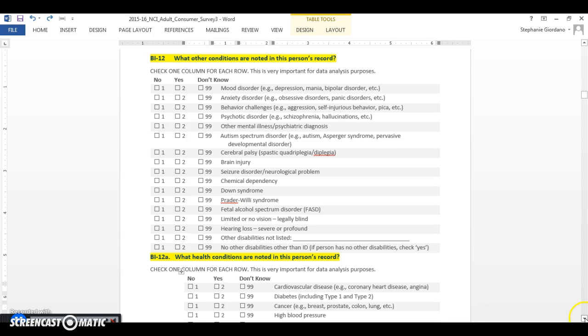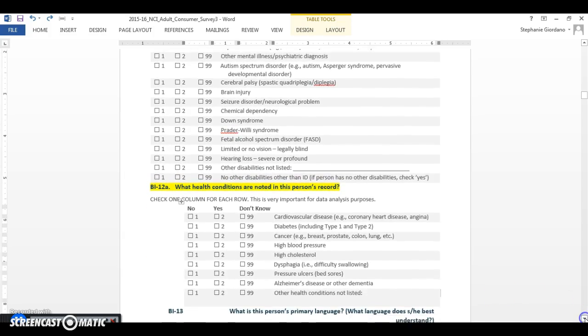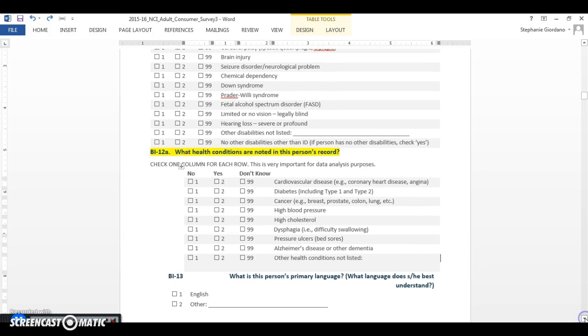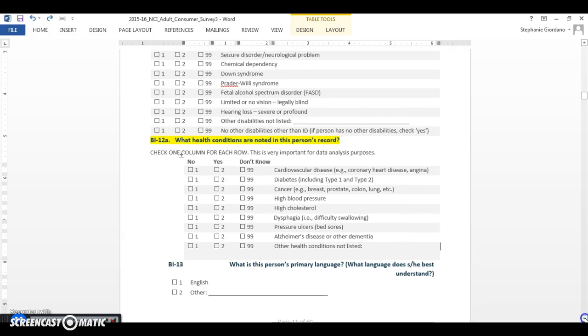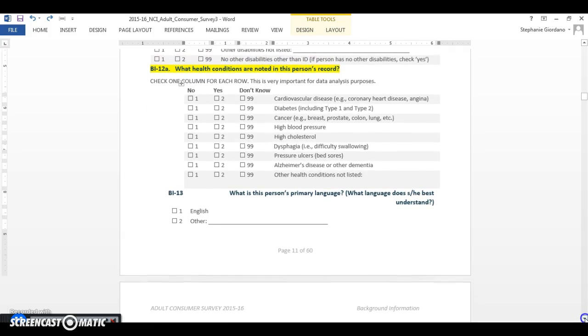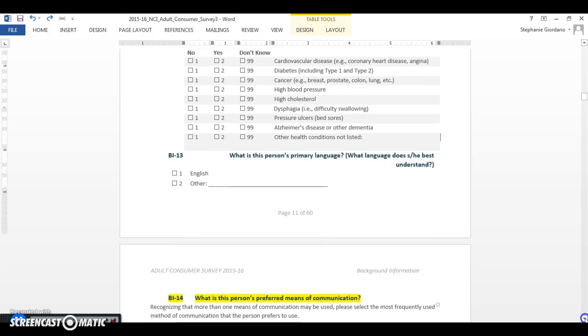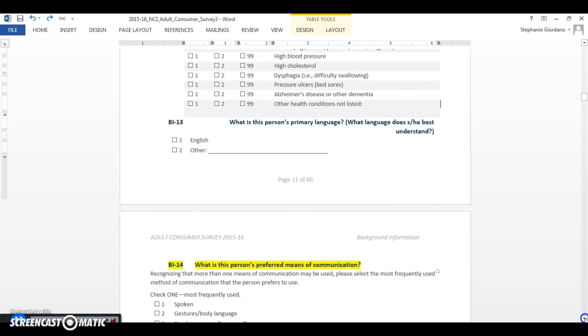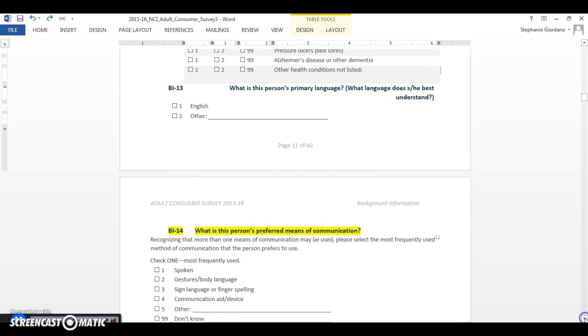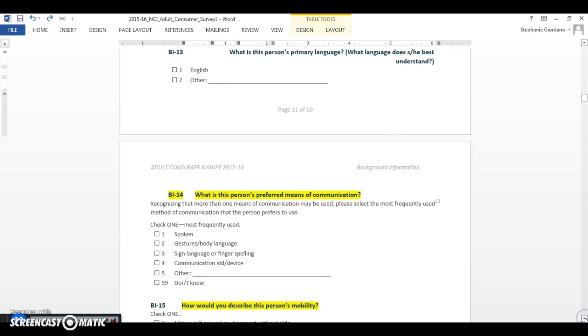Question 12A asks again what health conditions are noted in the person's record, but asks more specifically about long-term care issues such as cardiovascular disease, diabetes, and cancer. We then ask some questions about communication, what is the person's primary language, and their preferred means of communication.